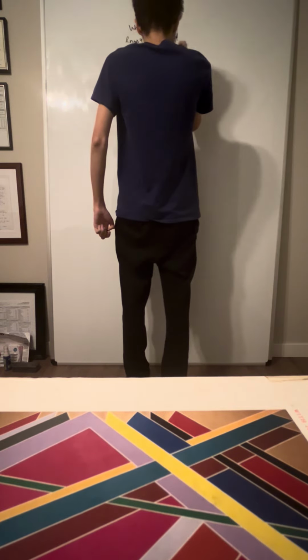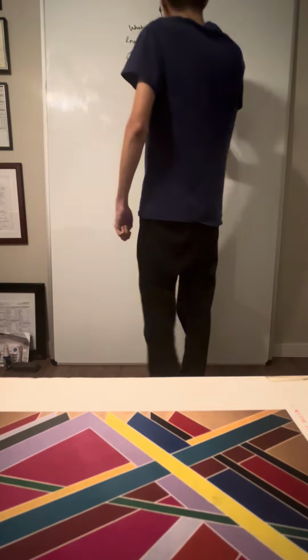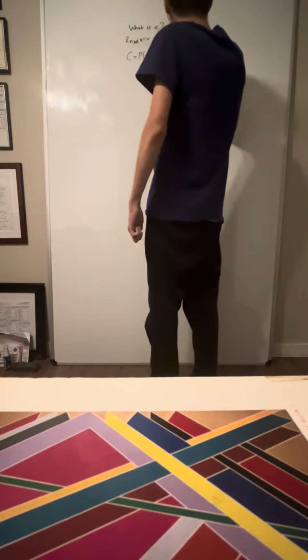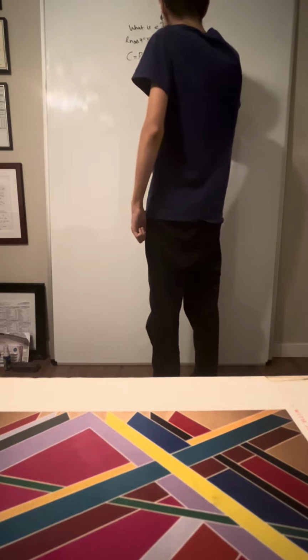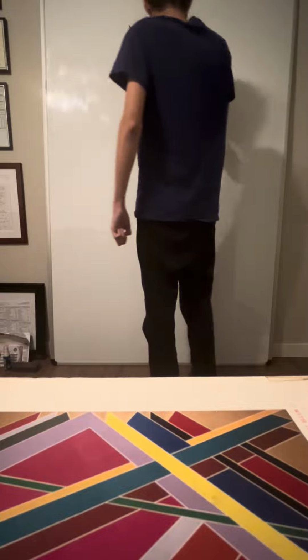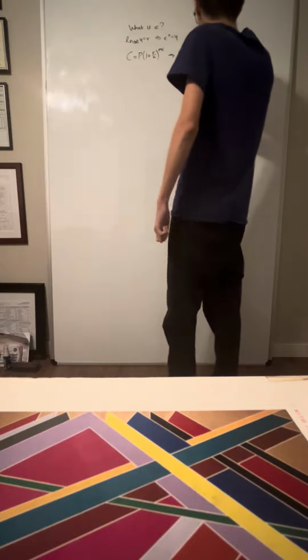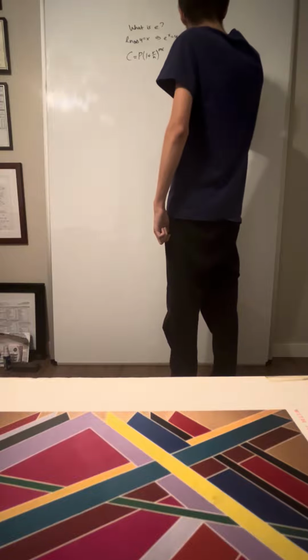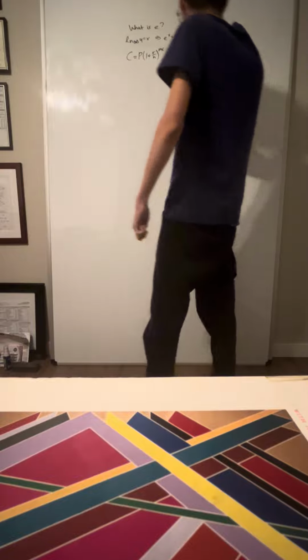So we care about the particular application of what happens when P equals 1, r equals 1, or rather we have a 100% return rate in 1 unit of time.